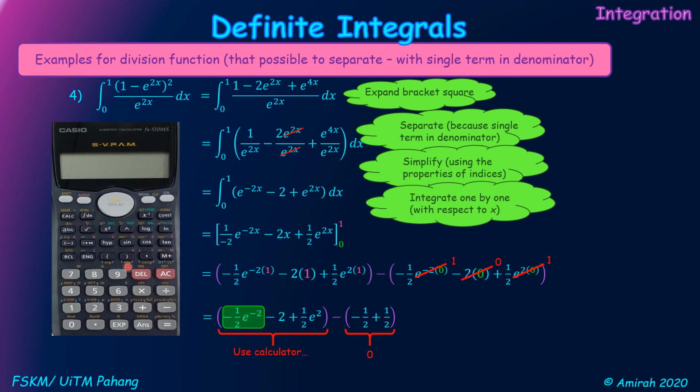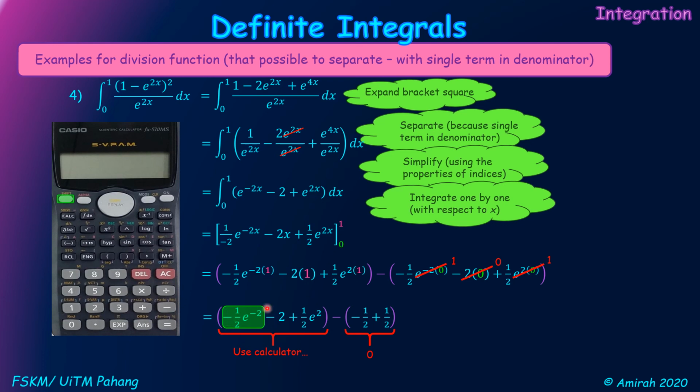To press e, we press shift and then ln, and then the power of negative 2, so after shift ln, we press negative and then 2, then the equal sign to get the value of negative 1 over 2 e to the power of negative 2. After that, we minus 2, and then to find this value, you can use this technique.